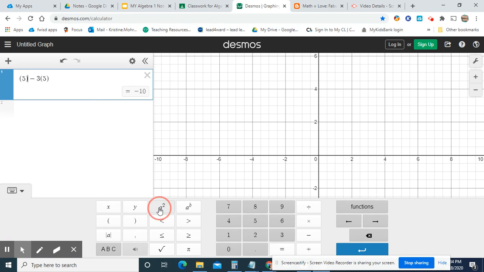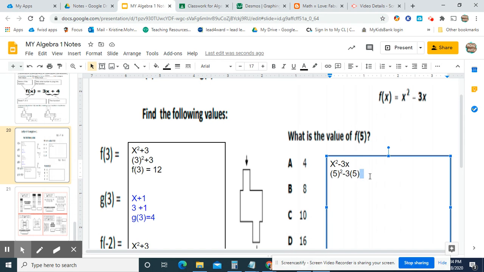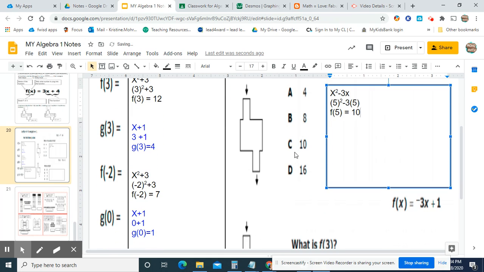You always have to delete it and make it to be that exponent. If you don't, you see how it gave me a different answer entirely? It gives me -5 if I don't change that as an exponent. But if I make it be the exponent, it gives me a value of 10. So it gives you an incorrect answer if you don't change it. So we know that f of 5 equals 10. So our answer choice here was C.